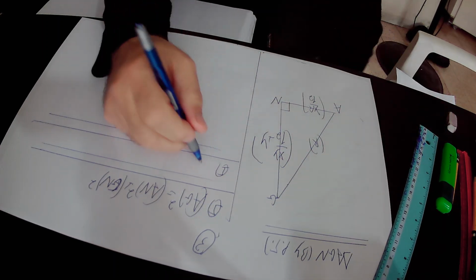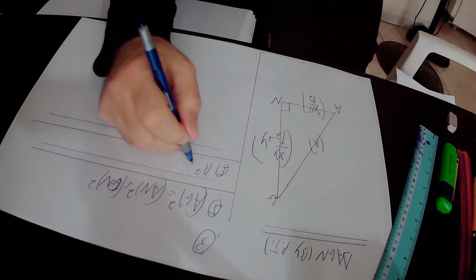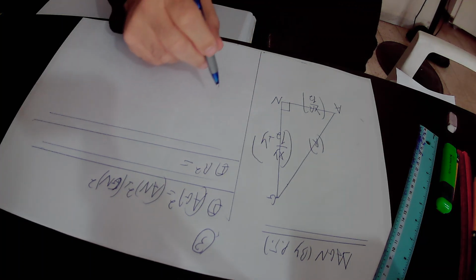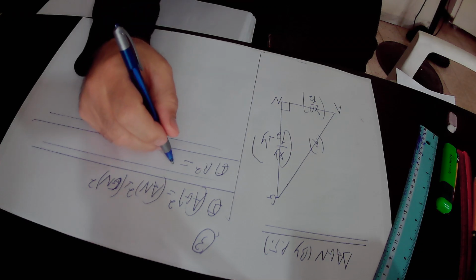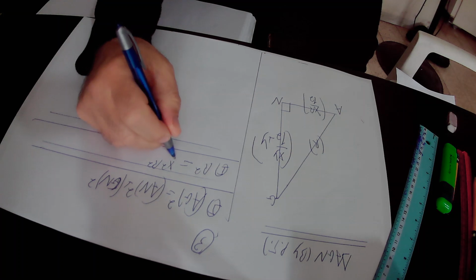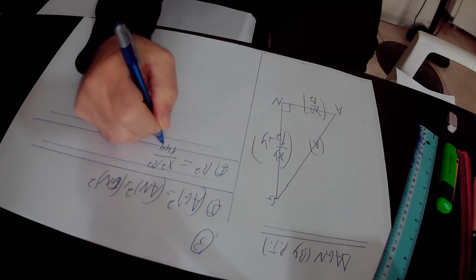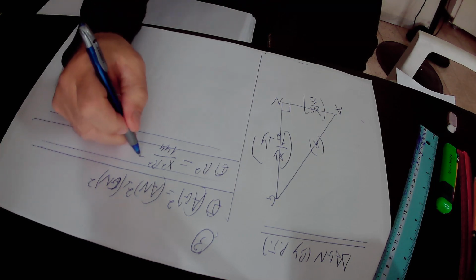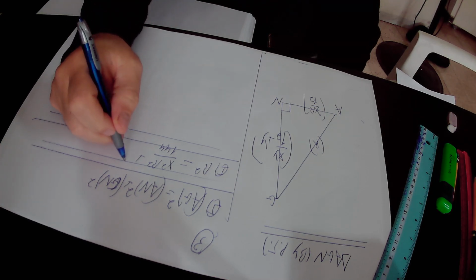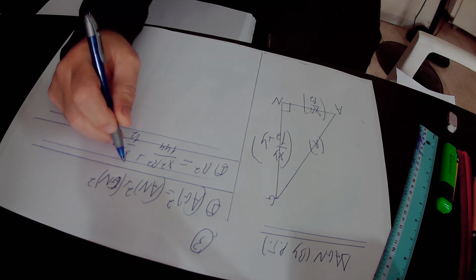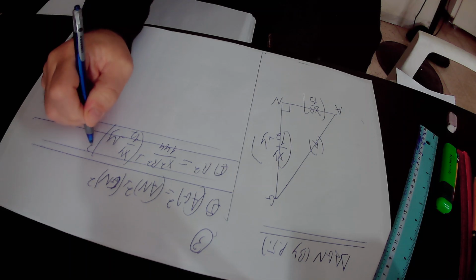AG is R, therefore AG square is R square, and it is equal to AN square. AN is XR over 12, therefore AN square is X square times R square over 12 square, that is 144. So in total R square equals X square times R square over 144 plus GN square. GN equals xy over 12 plus y, therefore GN square equals xy over 12 plus y, all squared.